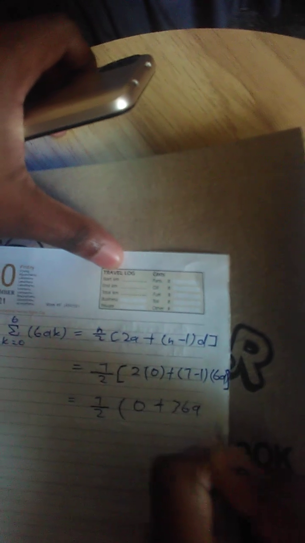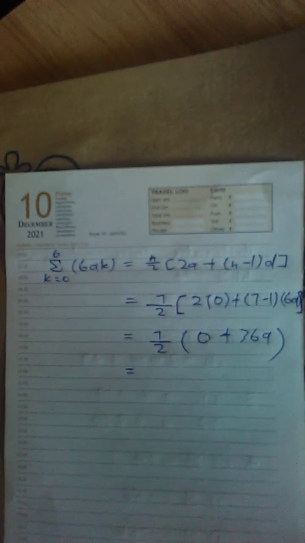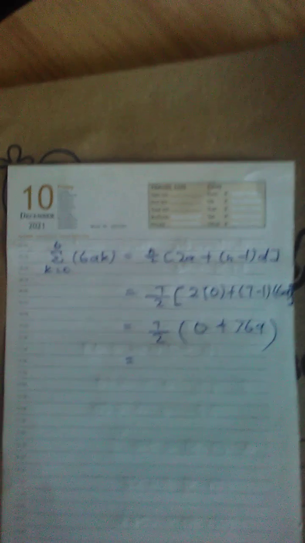So it's 7 over 2 times (2 times 0 is 0, plus 7 minus 1, which is 6, times 6a, which is 36a). So the final answer you're supposed to be getting there is 126a.